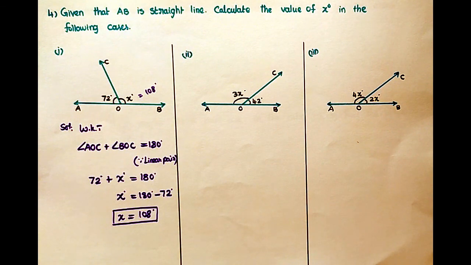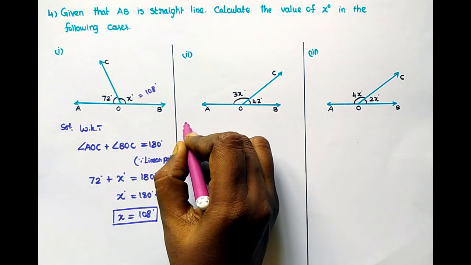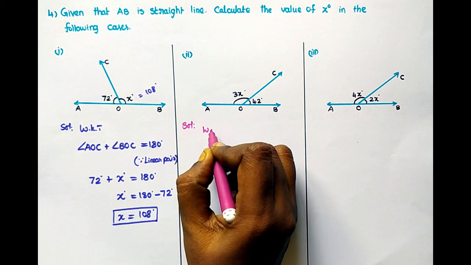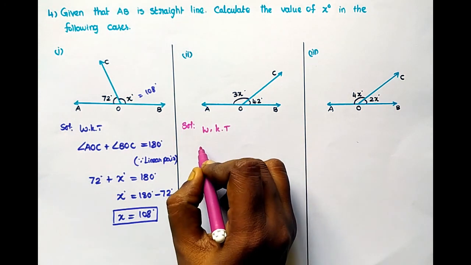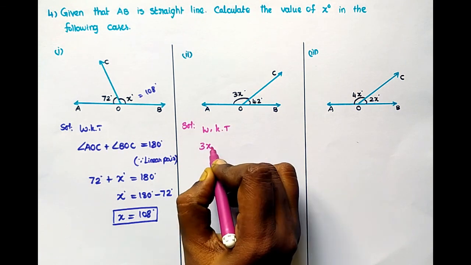Next one, same procedure. We know that these two angles are also a linear pair, so adding them we get 180.